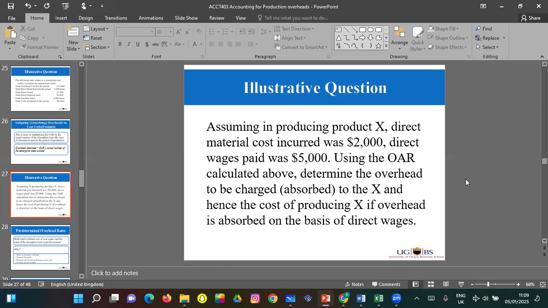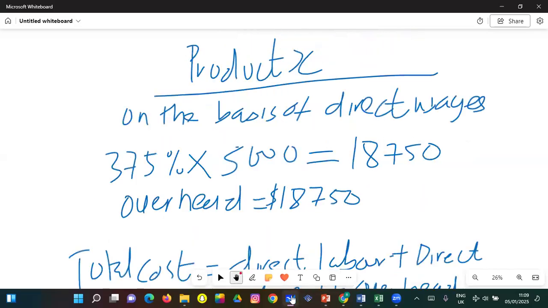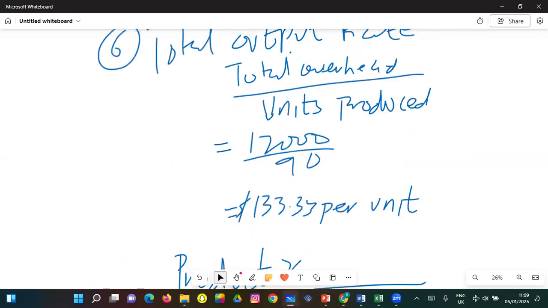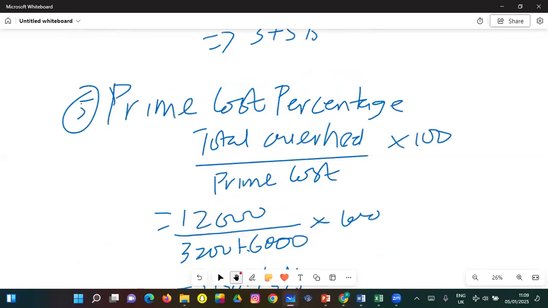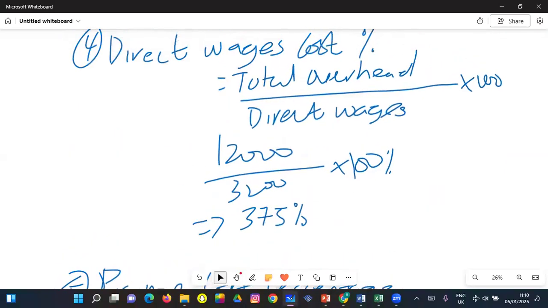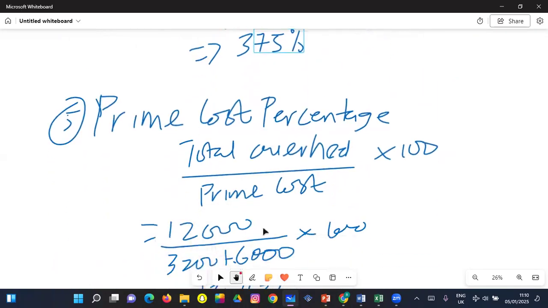So they are telling you on the basis of direct wages, so we are going to allocate our overhead on the basis of direct wages, right? On direct wages cost percentage, we had 375%, right?